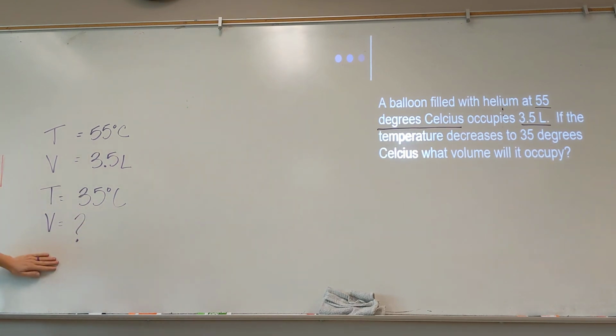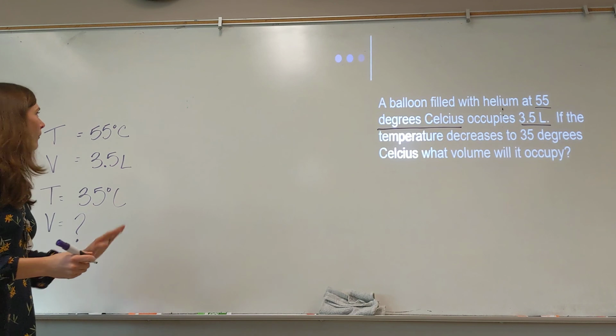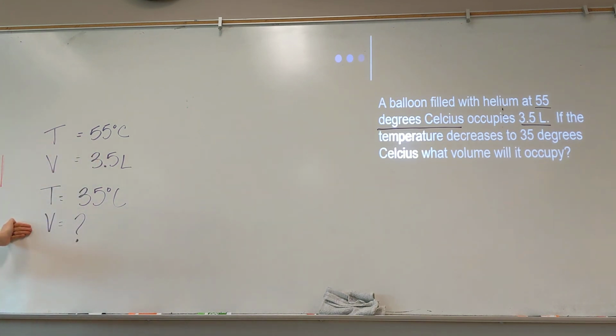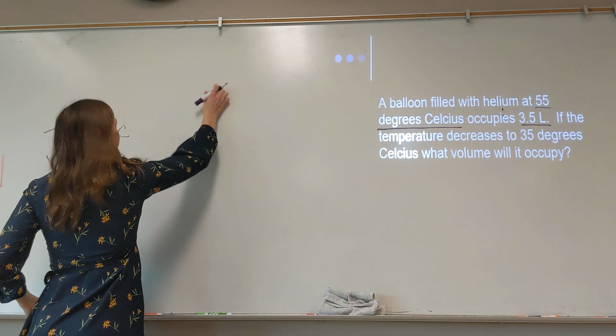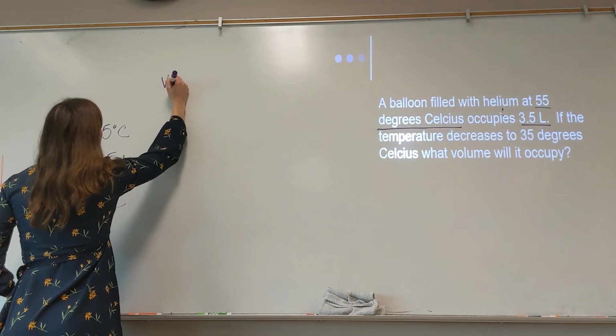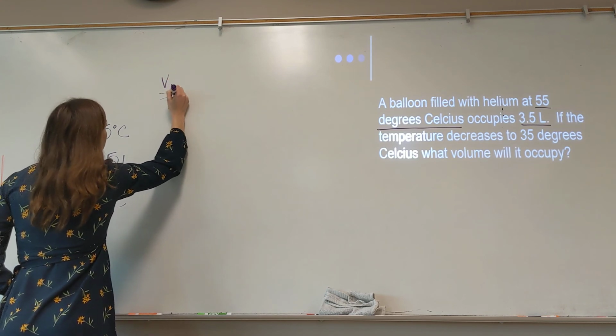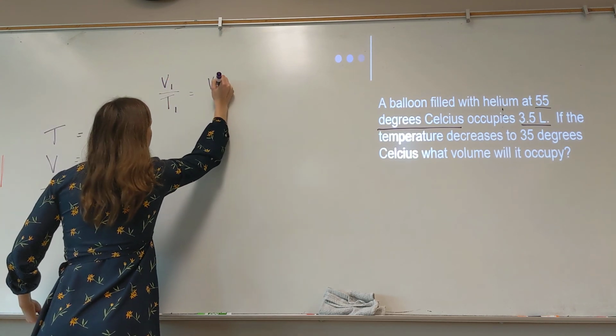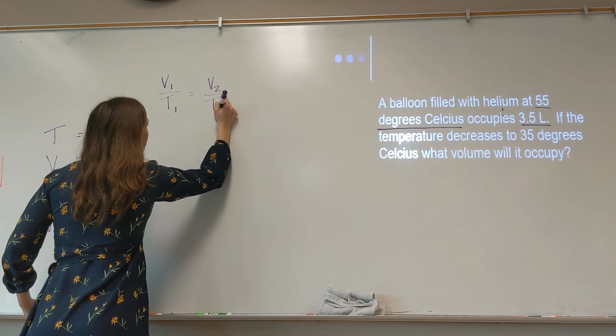I'm not given any other variables. So given this information, I can pretty well figure that I am doing a Charles' law problem. So I can set up my equation, V1 over T1 equals V2 over T2.